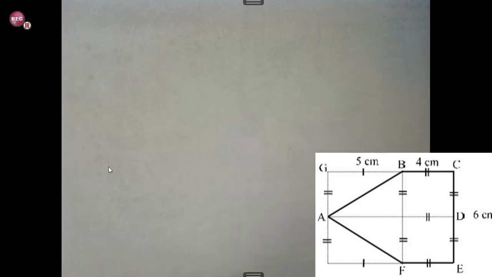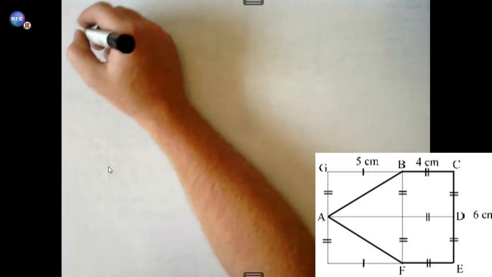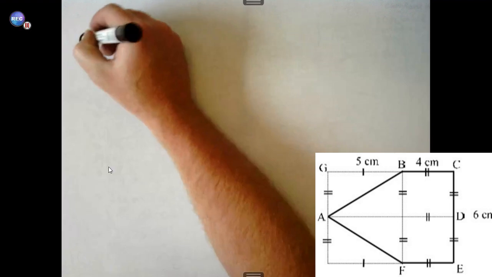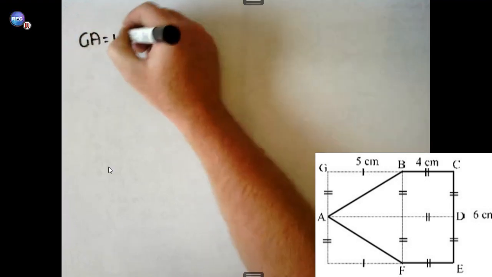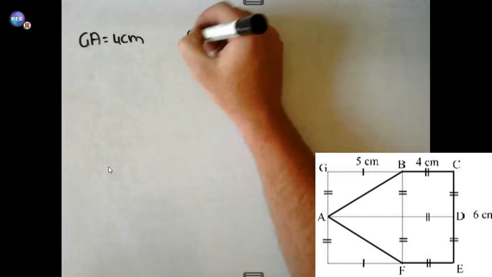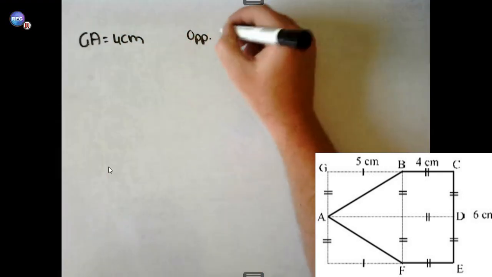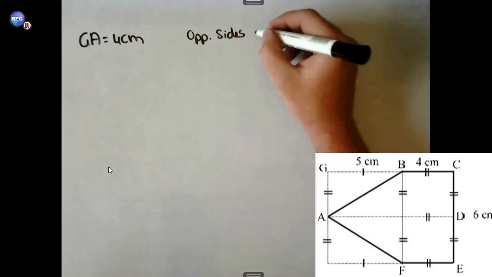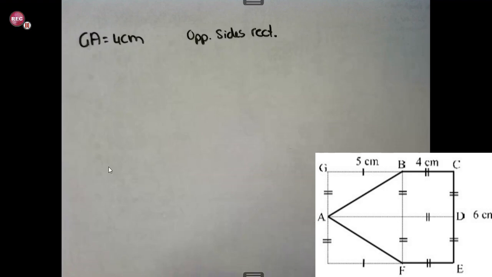So first things first, you need to pick up that GA is equal to 4 centimeters, and the reason for that is because they are opposite sides of a rectangle.